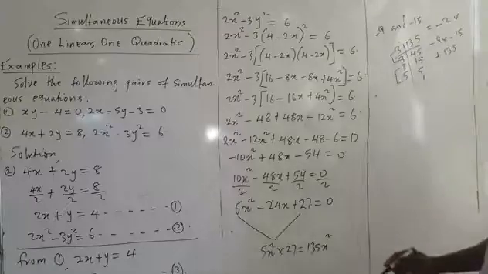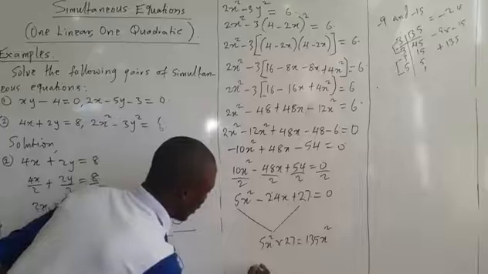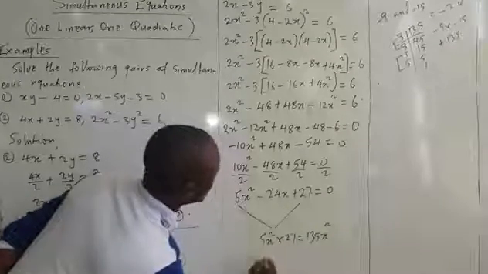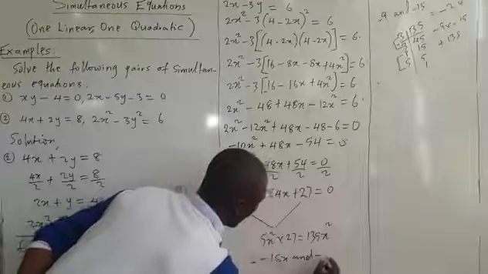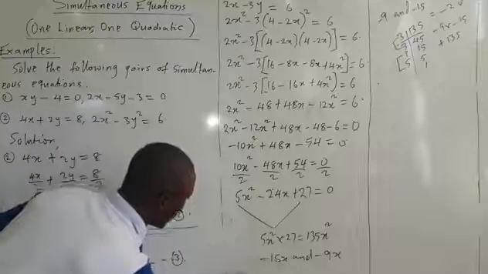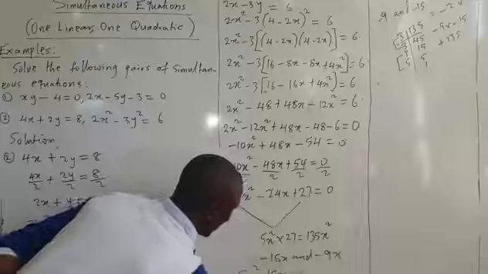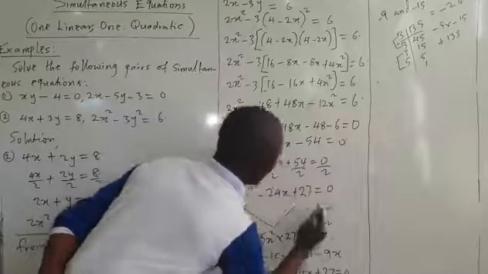So we now want to replace minus 24x as minus 15x and minus 9x. So this equation becomes 5x squared minus 15x minus 9x plus 27 equals 0.